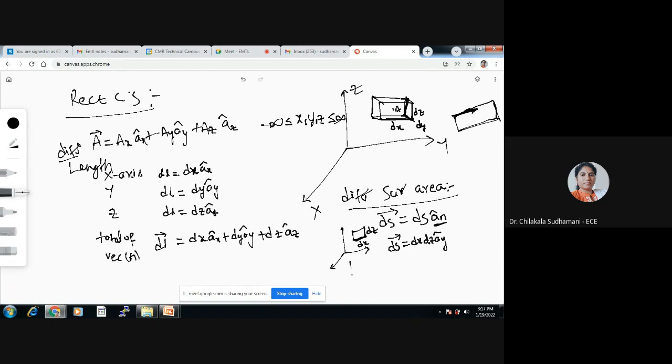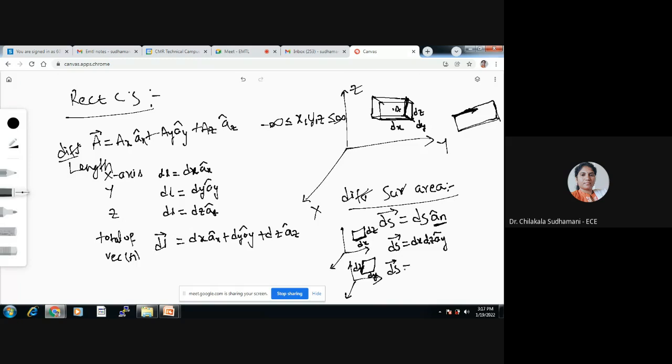Now same thing I am going to calculate one more, like the plane I am considering now, here it is dy and it is dz. Now what is the area, can you tell me?